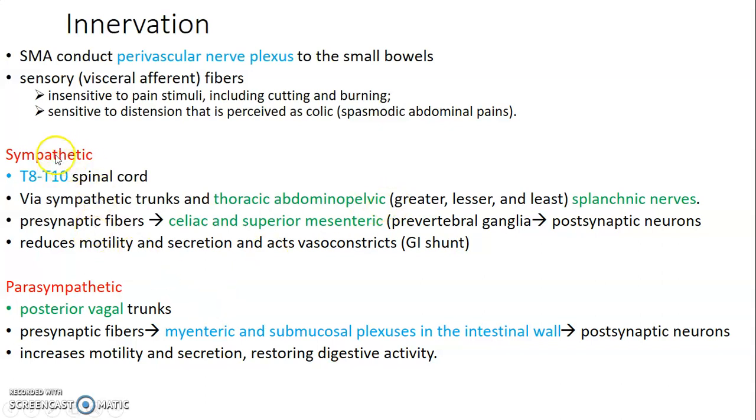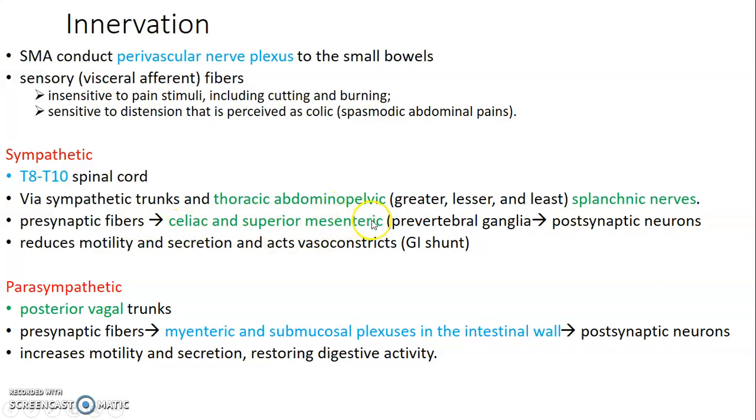Remember, in the autonomic nervous system we have ganglia involved, and you have presynaptic fibers before you get to the ganglia. The sympathetic system to the GI uses the celiac and superior mesenteric ganglia. These prevertebral ganglia are parallel to the vertebra, at the region where you have the celiac trunk and superior mesenteric artery. Presynaptic fibers synapse with postsynaptic neurons at the prevertebral ganglia.